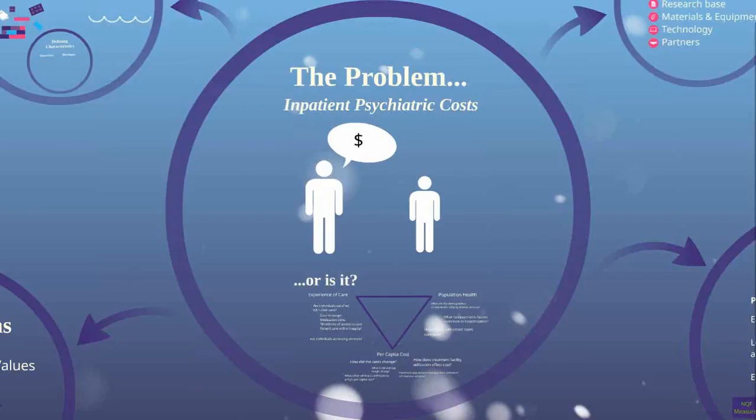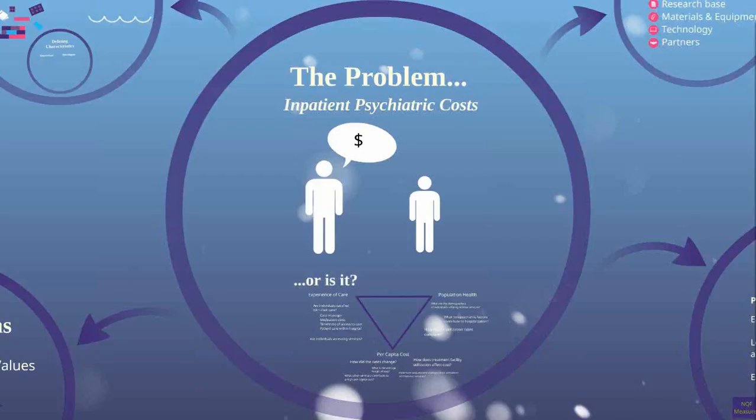So from there, you're left basically to come up with a solution on your own. So you're not necessarily told what to do, you're just told that there's a problem.